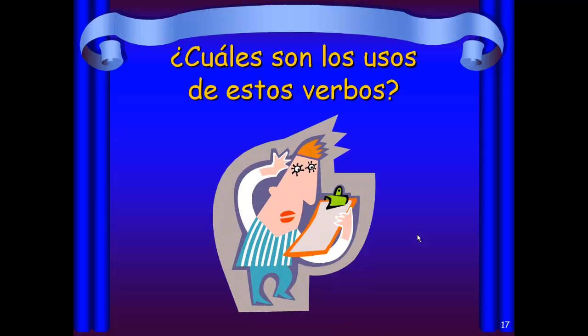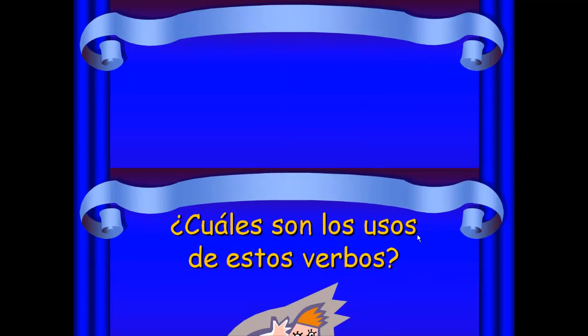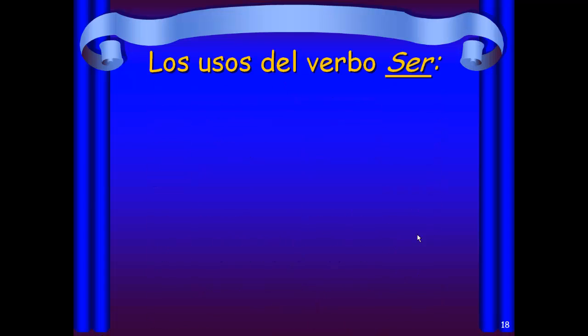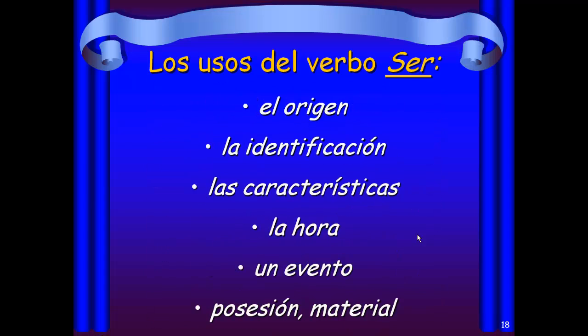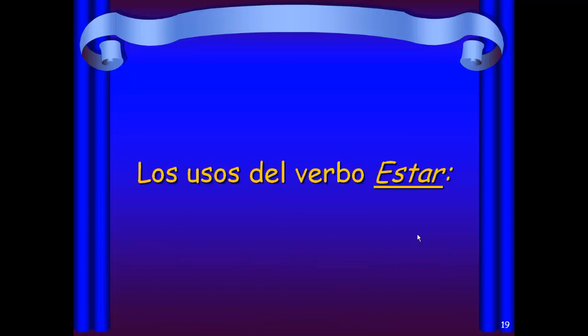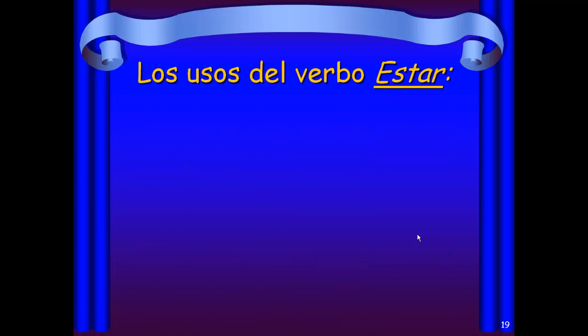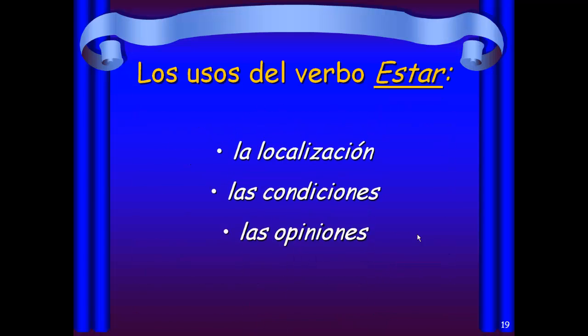So now we will review, see if you've got them all written down. Los usos del verbo ser son el origen, la identificación, las características, la hora, un evento, posesión o material. And los usos del verbo estar, la localización, las condiciones y las opiniones.